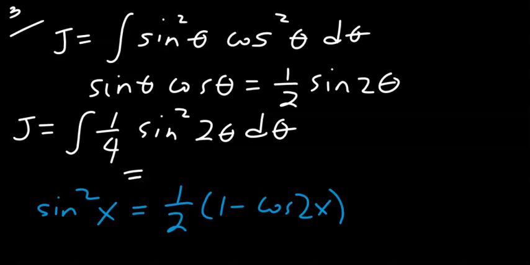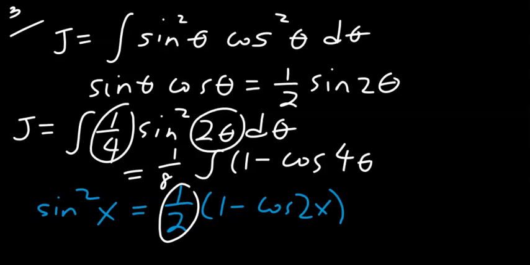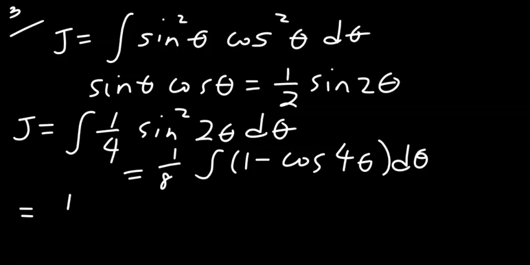So J then becomes 1/8, because this is 1/4 times 1/2 is 1/8, integral of 1 minus cosine of double that angle, which is 4 theta d theta. This can be solved easily. 1/8 integrating 1 with respect to theta, you get theta.